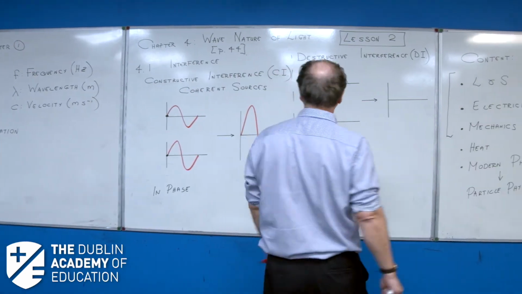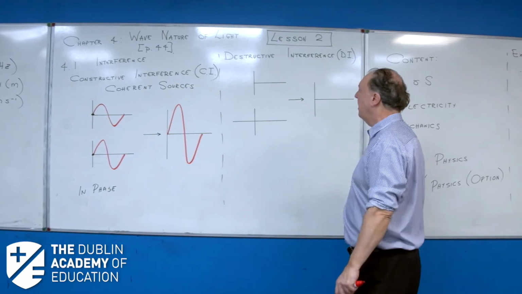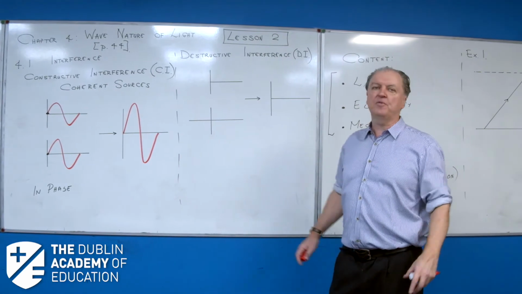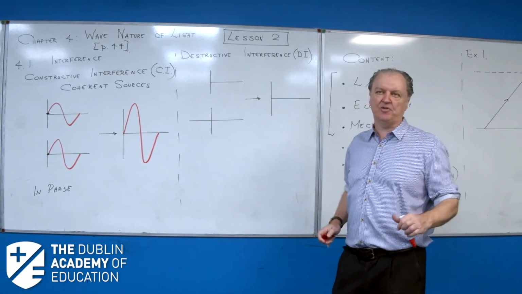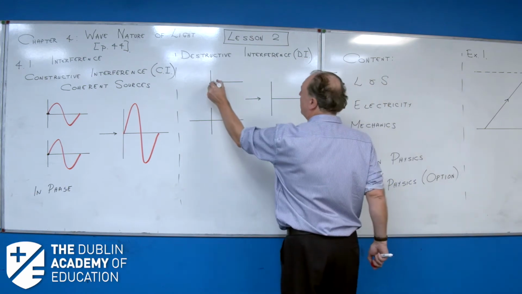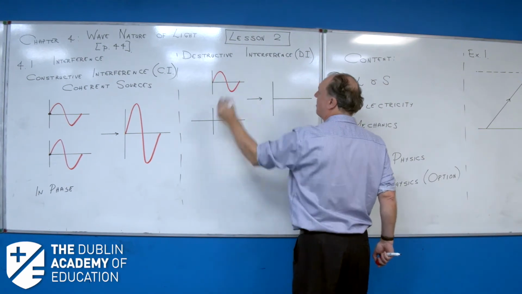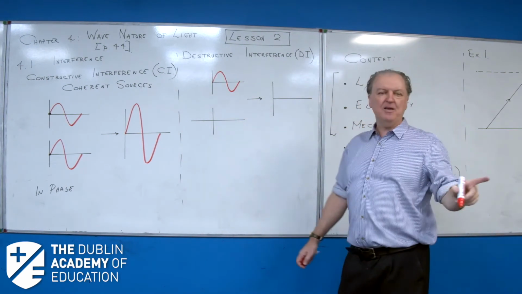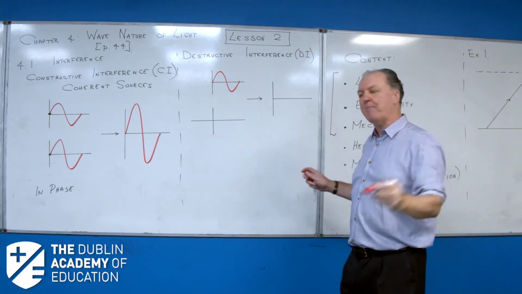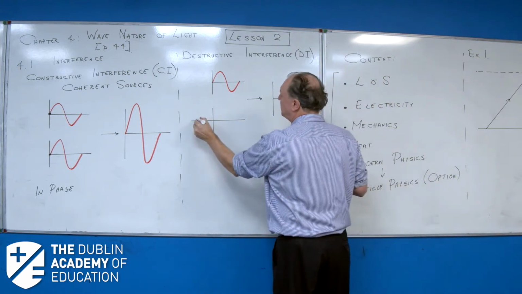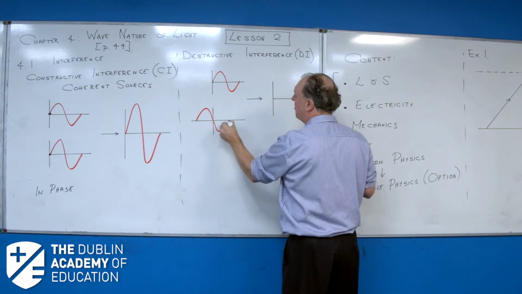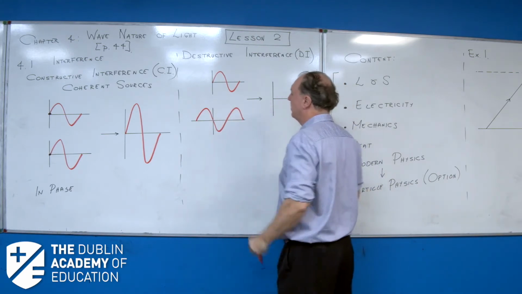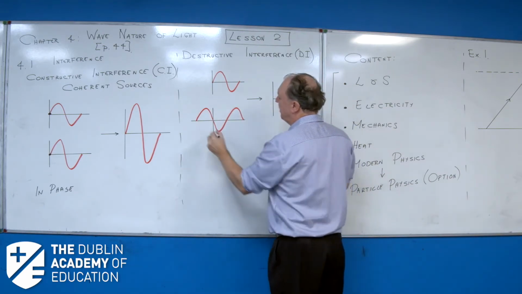What about destructive interference? Well, destructive interference, the waves tend to cancel each other. So here's my first wave. And my second wave is going to be out of step. So let's say it starts a little bit earlier. It actually started back here.